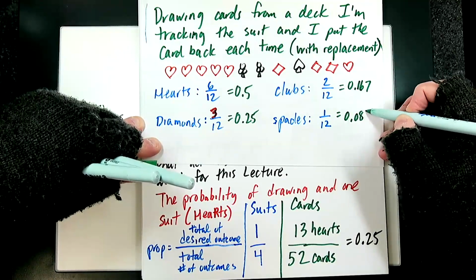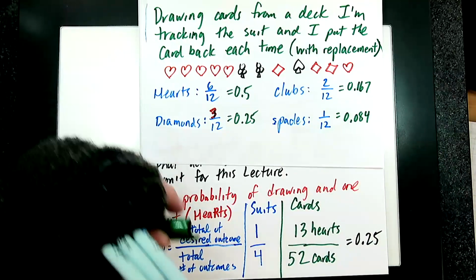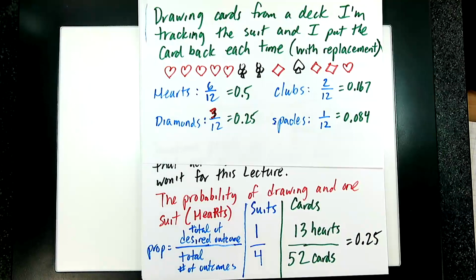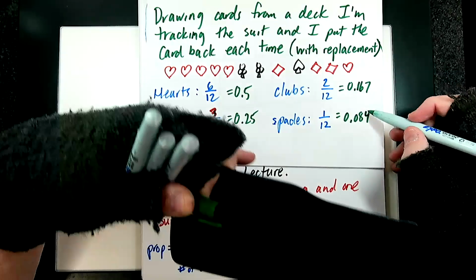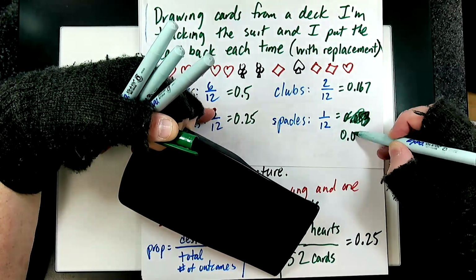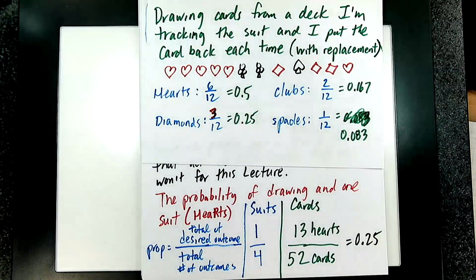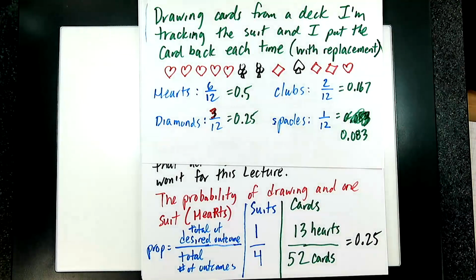I don't know. I've never done 1/12 in my head. Maybe I should just check it real quick. Ah, 0.83. Not bad. That's pretty good for not knowing what it is.